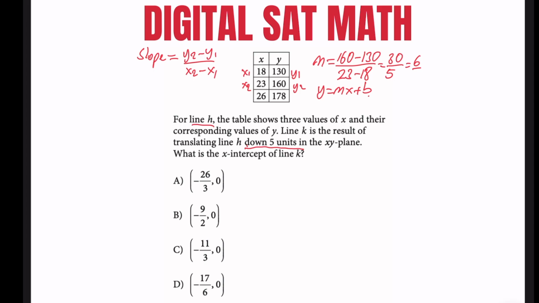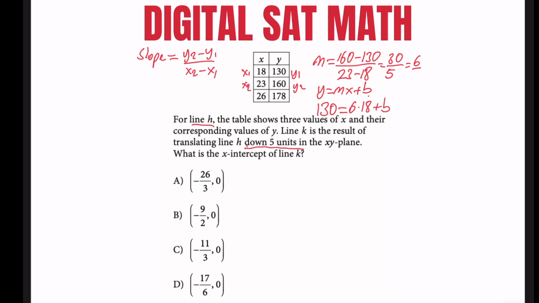So let's use one of the given values in the equation. Let's use x1 and y1. I'm going to substitute the values. 130 is equal to m, the slope, which is 6, times x1, which is 18, plus b.